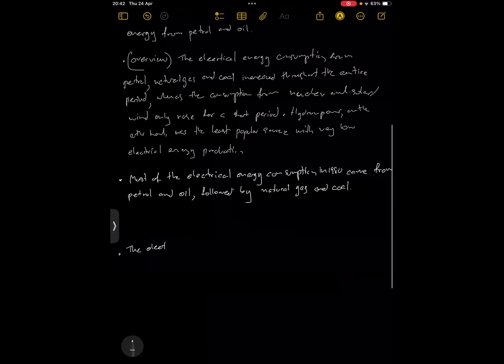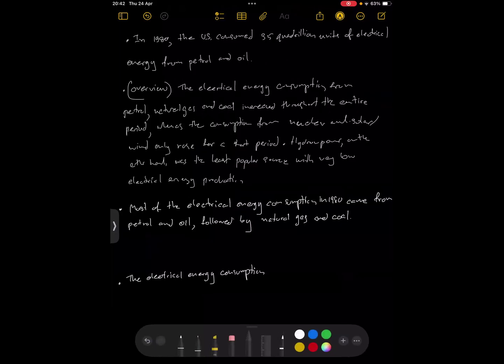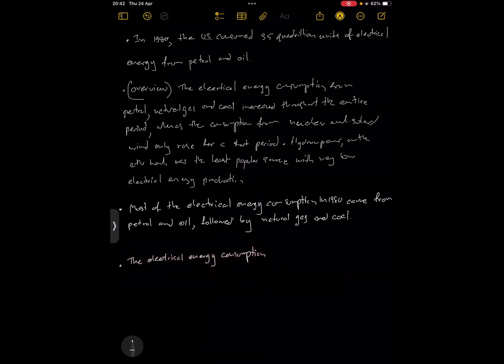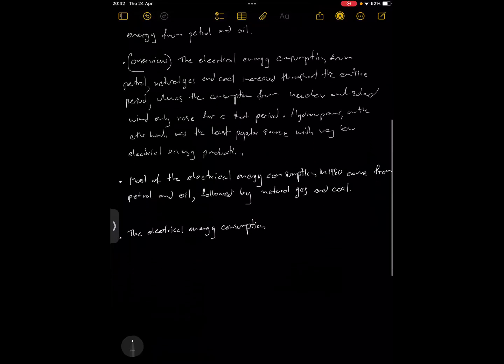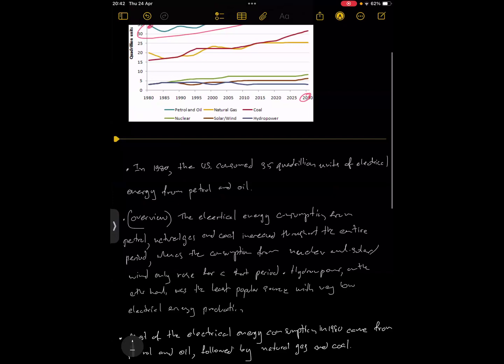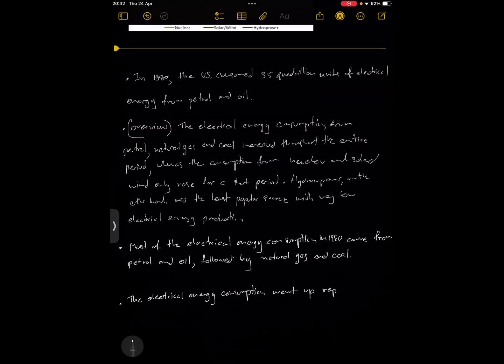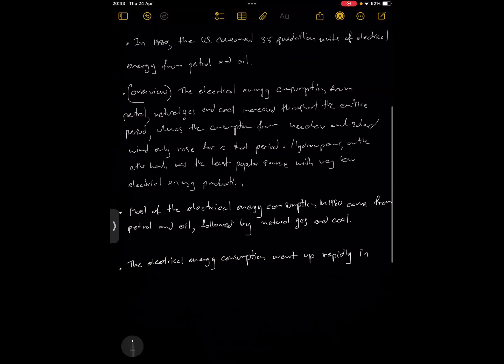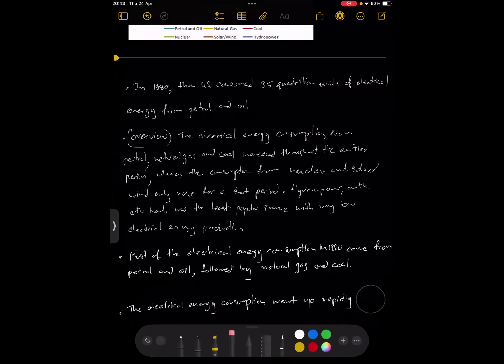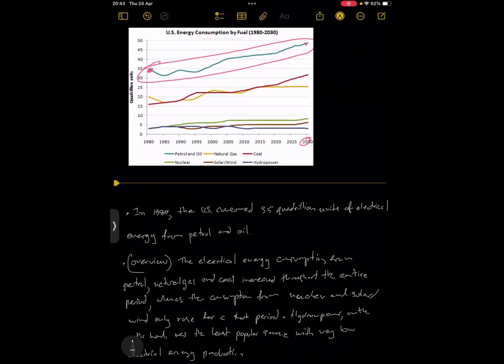the electrical energy consumption went up rapidly by, let's use percentage terms here.